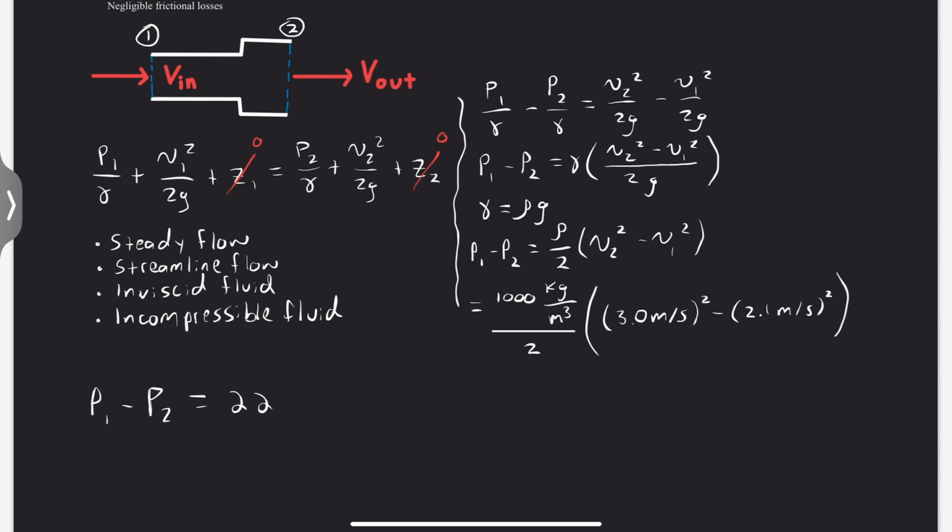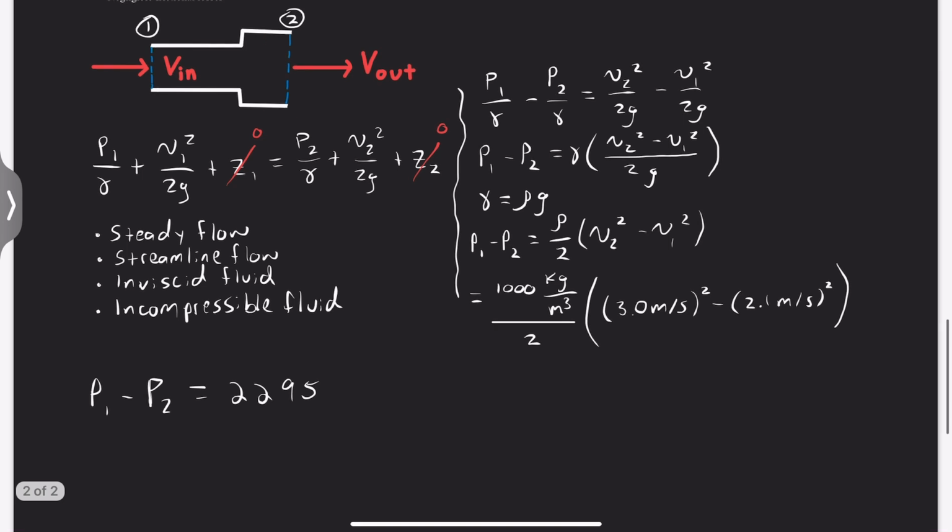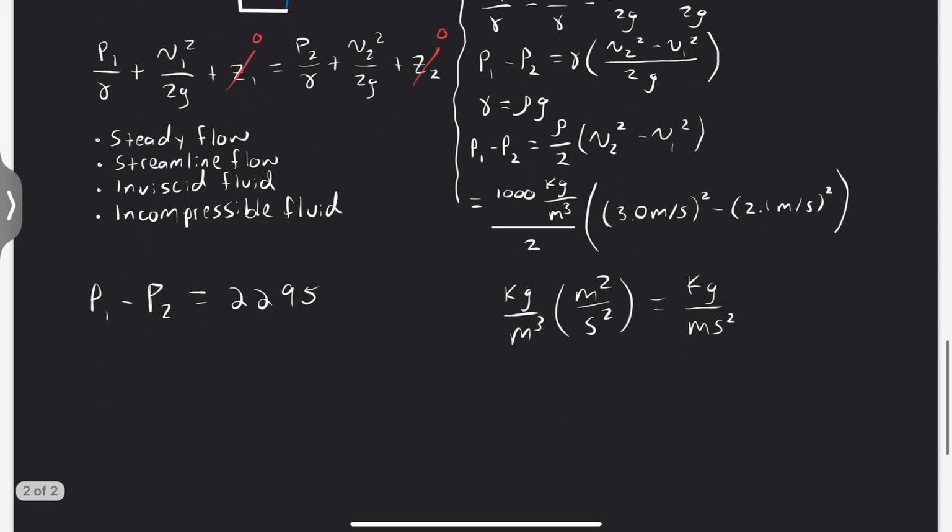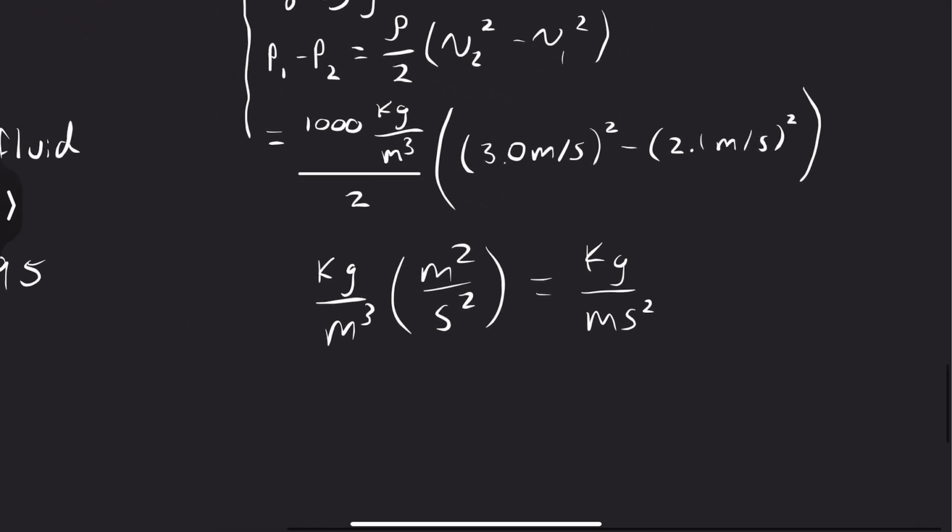The calculator gives me 22.95, and if I check my units, I've got kilogram per meter cubed times meter squared per second squared, which is kilogram per meter second squared. Now we know we're supposed to get pressure, so I'm going to multiply this by meter divided by meter, which is equal to 1.